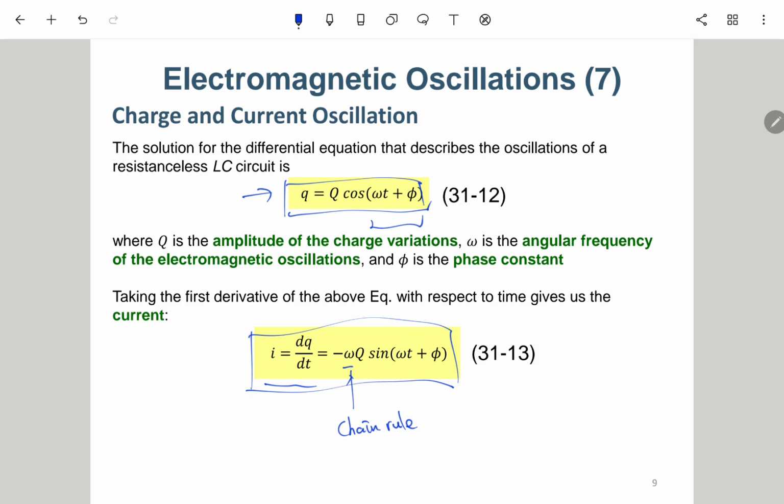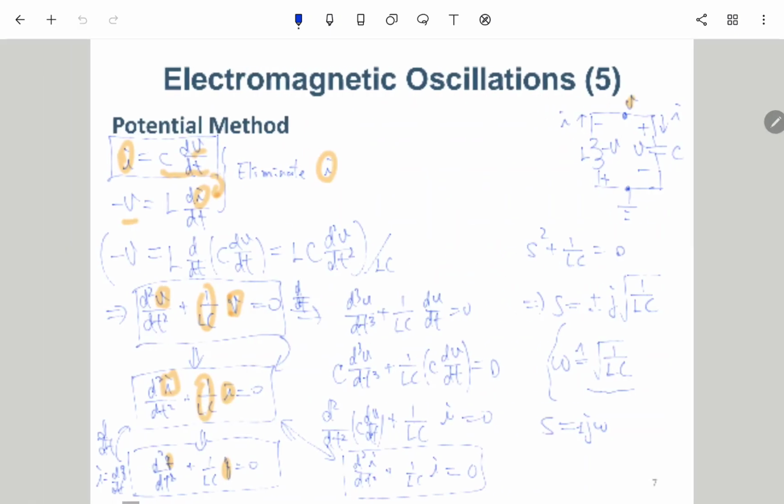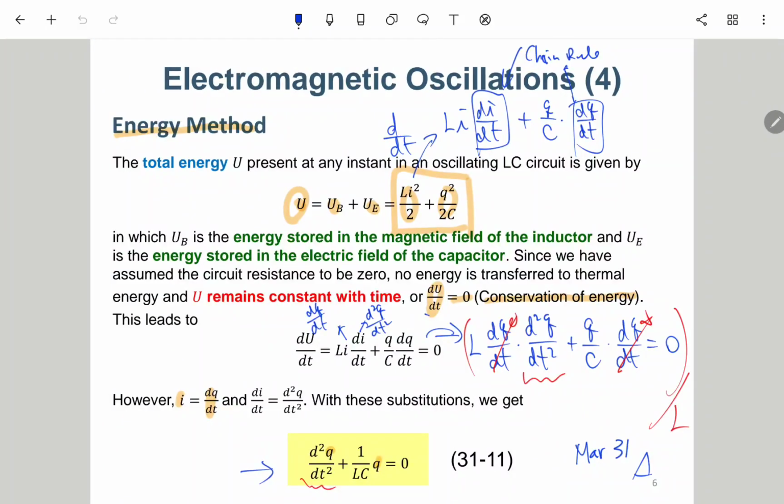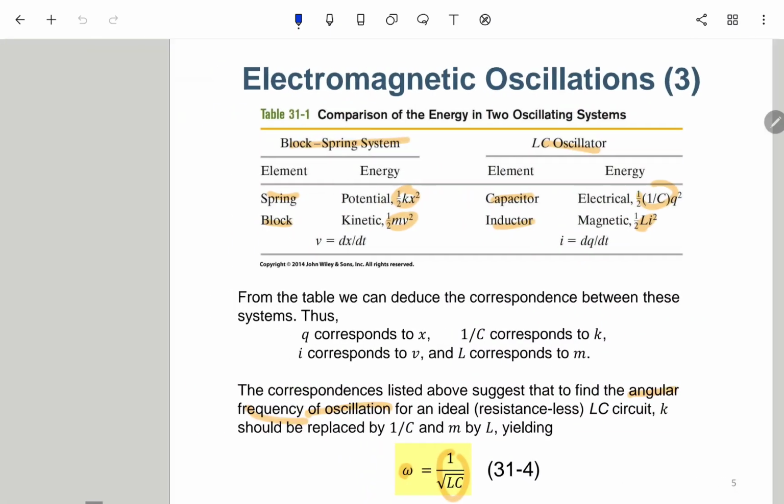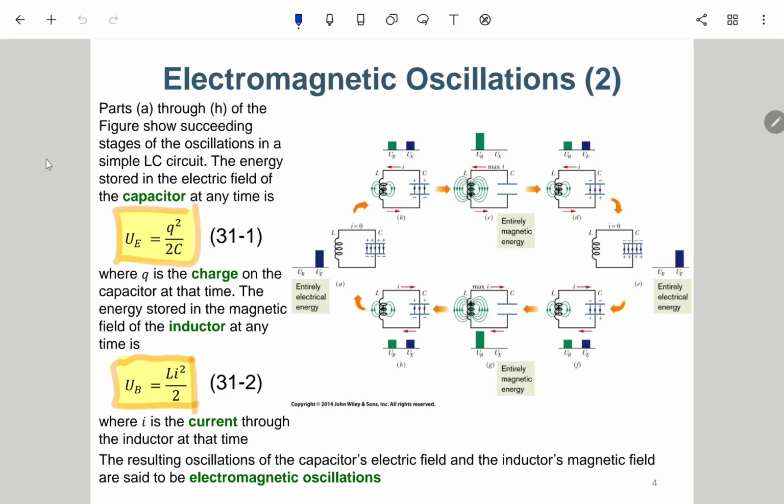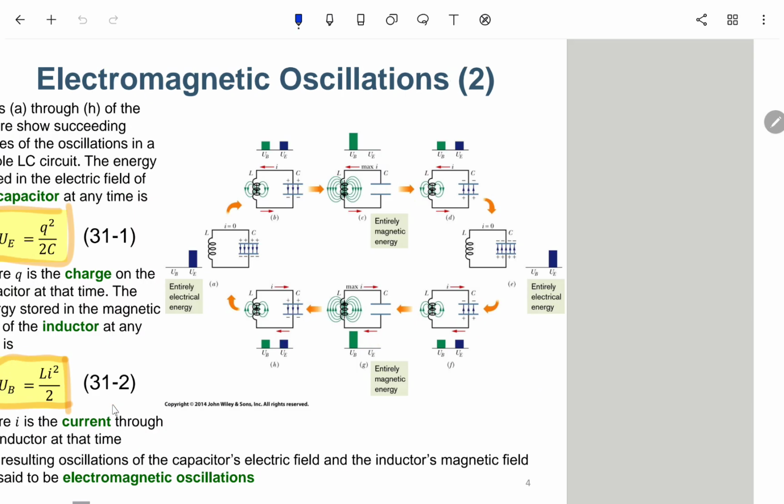Okay, so remember how the textbook derived the equation. It is actually according to this one, UE equals Q squared over 2C and UB equals half of L i squared. Okay, half of L i squared and half of Q squared over C. So now we have already solved Q and I. So we can just plug in those two equations into here and here to write the expressions of UE and UB.